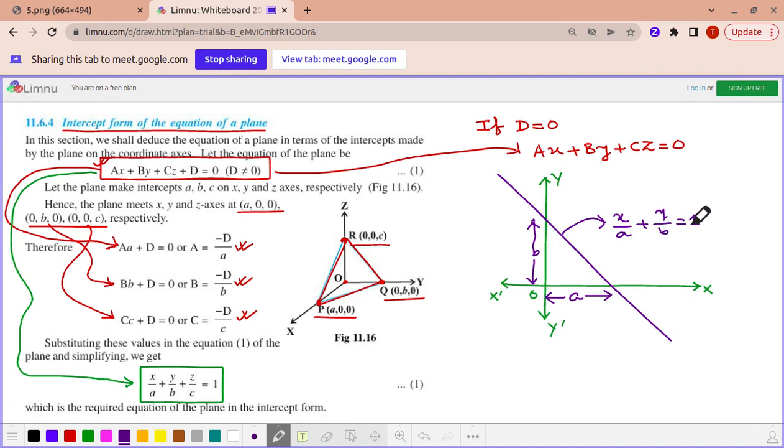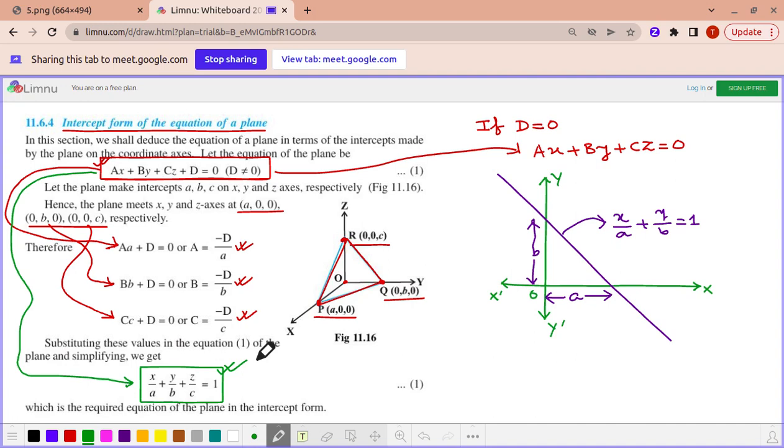Now whatever equation you see here is an extension of this thing in 3 dimensions, but not a straight line, but a plane. To remember, I bring this analogy of the 2 dimensional coordinate geometry, the equation of a straight line in intercept form.